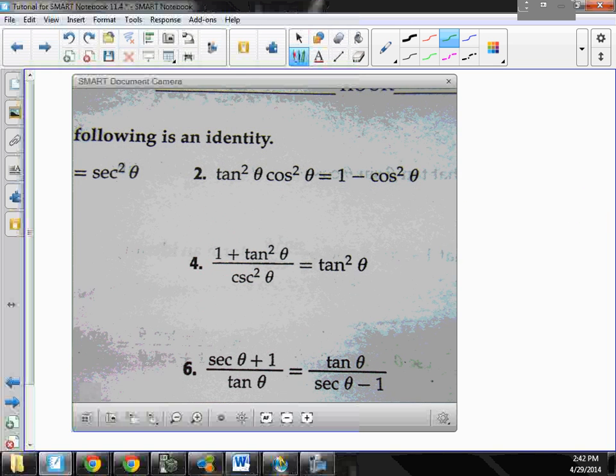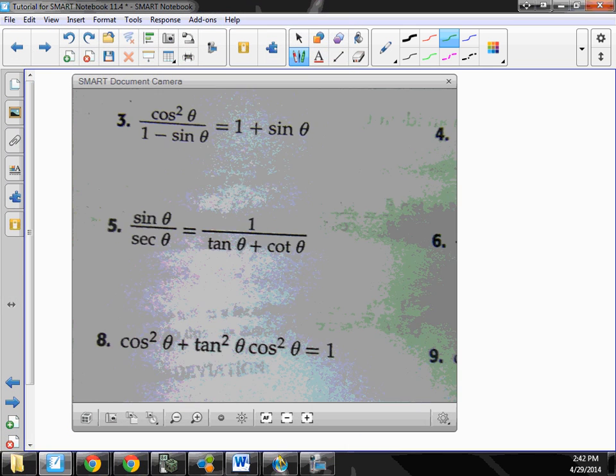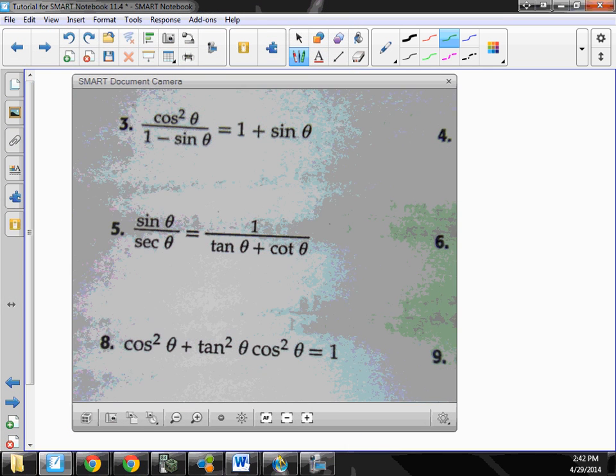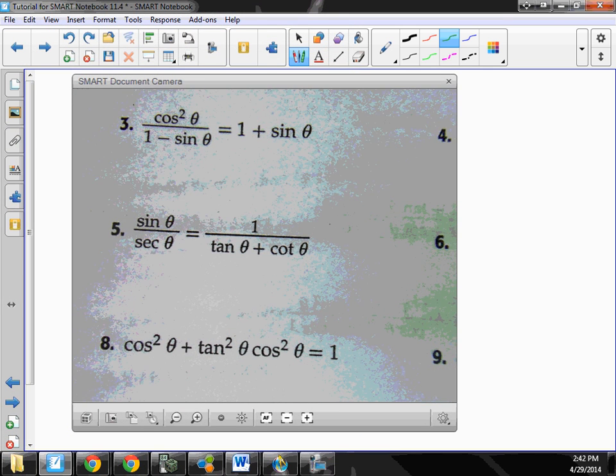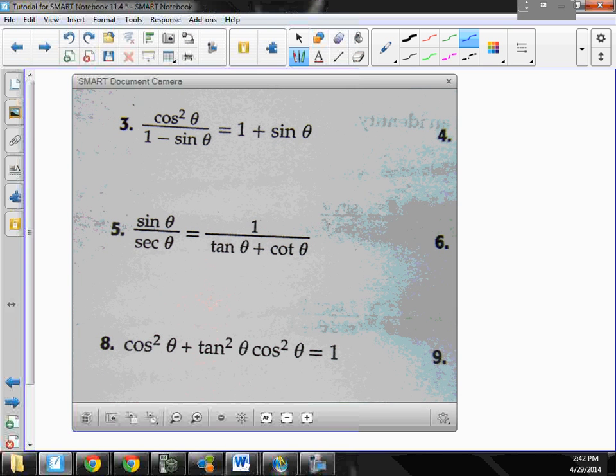Okay, number 3. Let me show you what not to do. Put your pencils down. Let's say I want to turn that cosine squared into a secant.